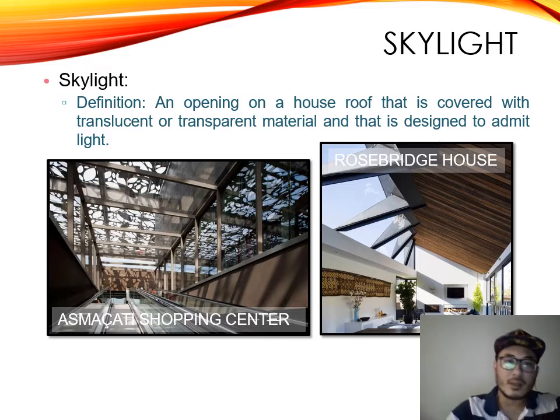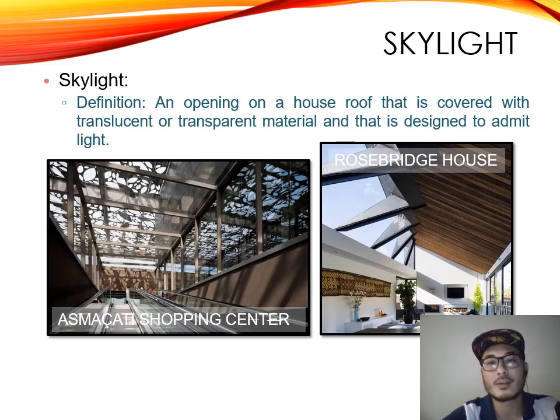Skylight: an opening on the roof that is covered with translucent or transparent material that is designed to admit light. There are many types of skylight design these days because of the invention of sun shading.